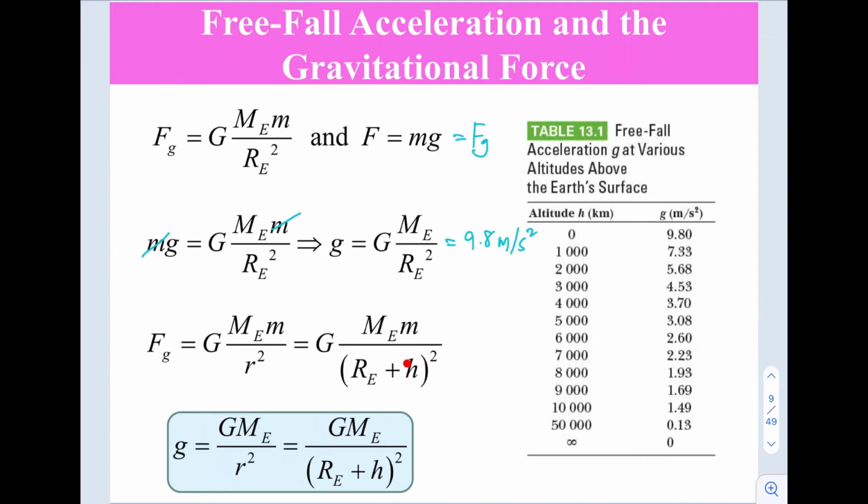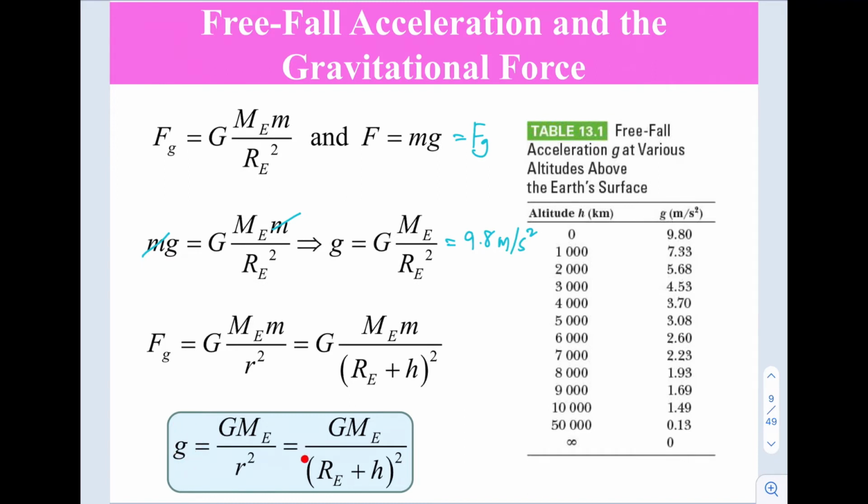So now our formula for the Fg, the R here, you have to consider the H, the altitude. So it must be radius of the earth plus H. Why is it so? Because remember, from the equation, the R must be from center to center between the two objects here.